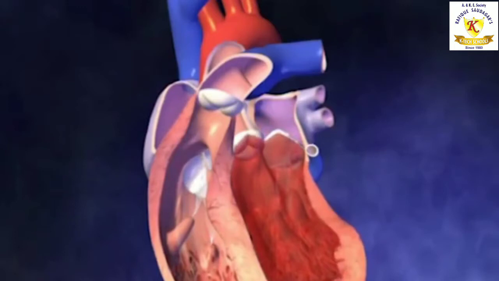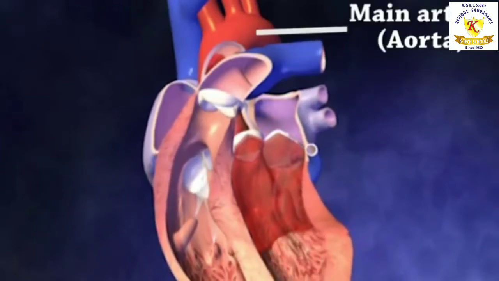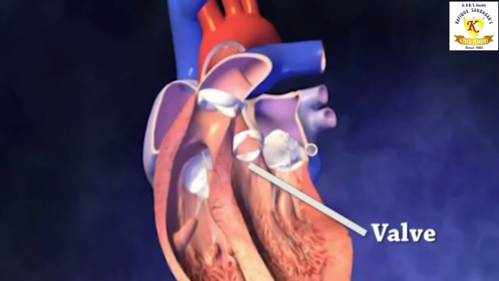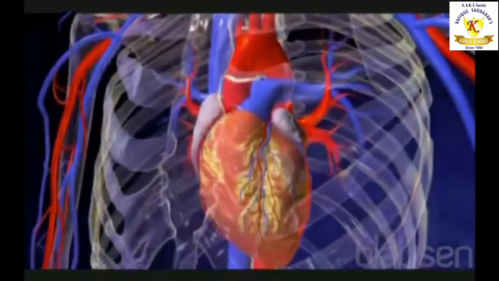Then, from the left ventricle, the blood is pumped out through the main artery, the aorta. There is a valve present between the left ventricle and aorta.